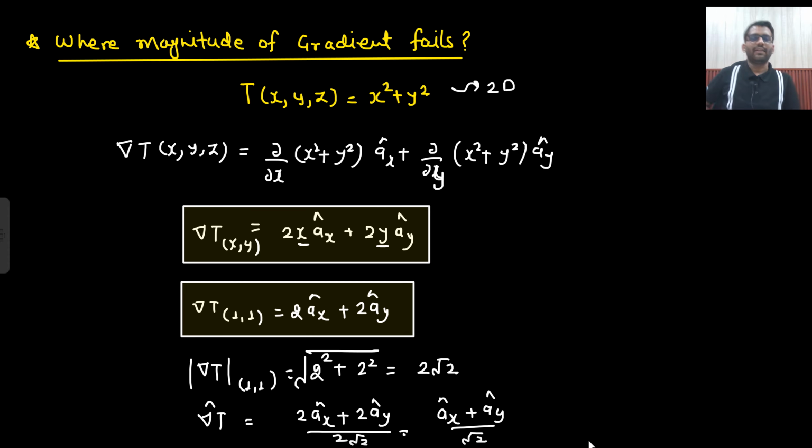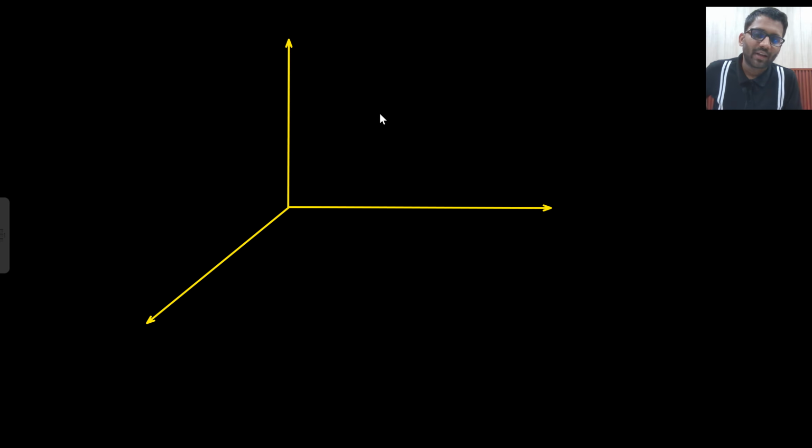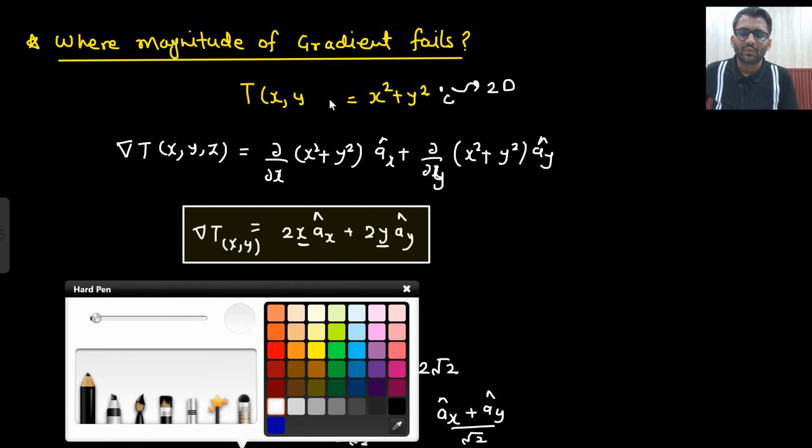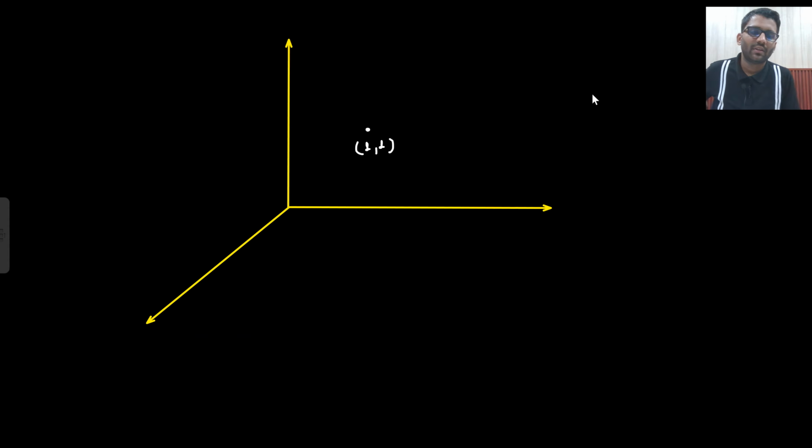Let's take this to the coordinate system. So I am at 1 comma 1. This is my 1 comma 1. This is the temperature function only. So what is my temperature at 1 comma 1? T of x, y at 1 comma 1 is 2 degrees Celsius.